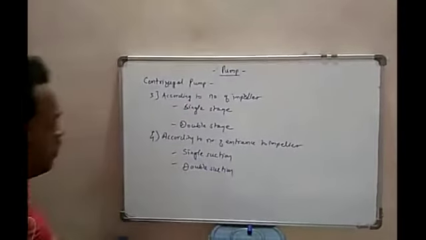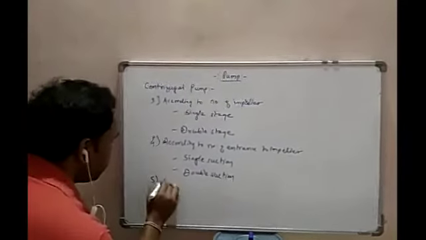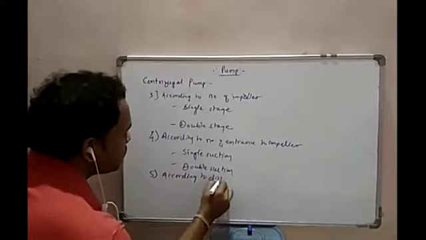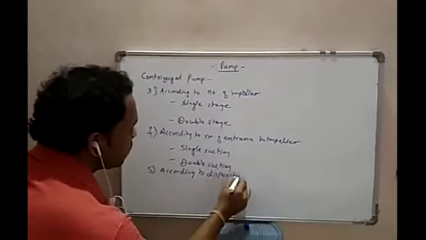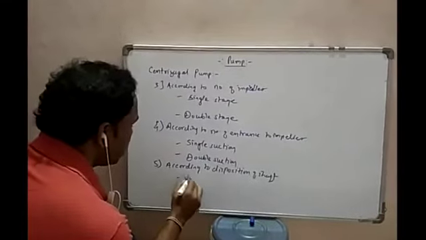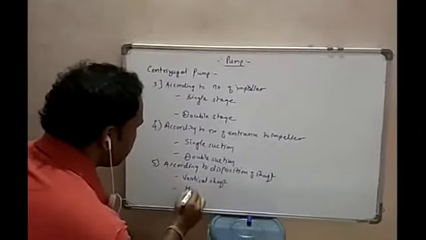These are the two basic types. Next classification, that is the fifth classification, is according to disposition of shaft. In this there are two types: vertical shaft and horizontal shaft.